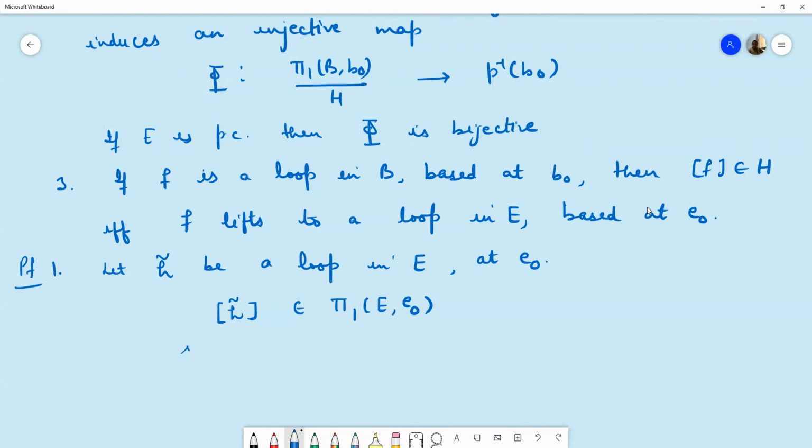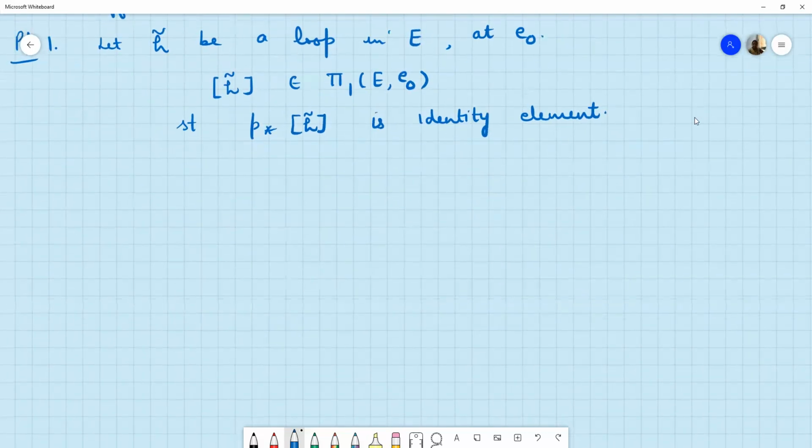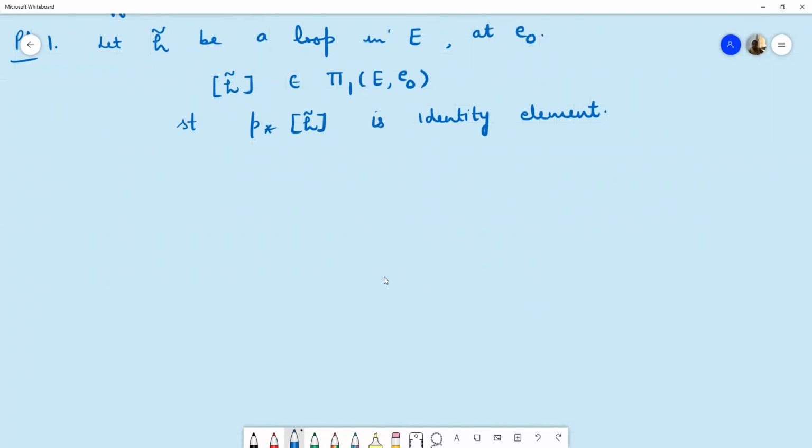So let this be a loop such that P star of this element is the identity element. That means we are assuming that the path homotopy class of h tilde belongs to the kernel of P star. So we will prove that this element is actually the identity element itself, so that the kernel contains only the identity element, so that the mapping will be a monomorphism.